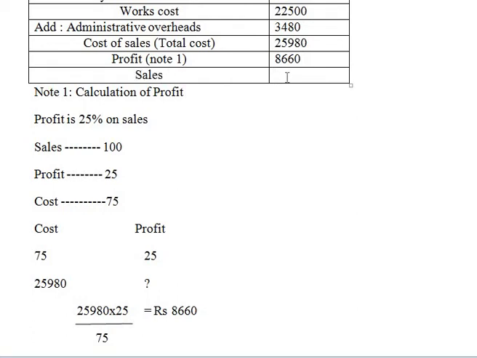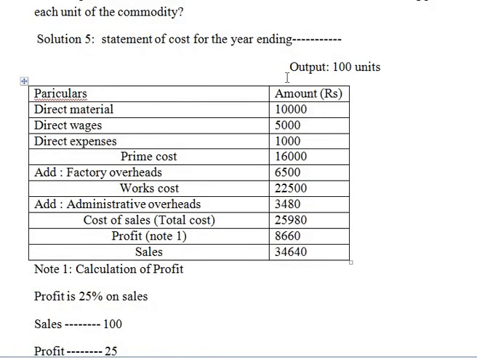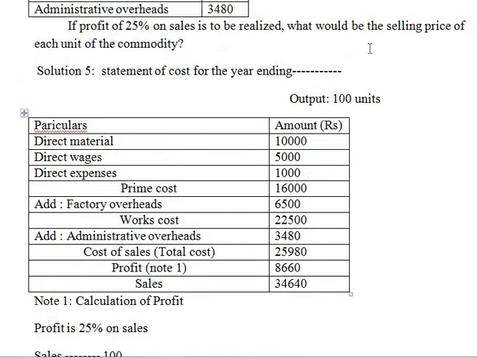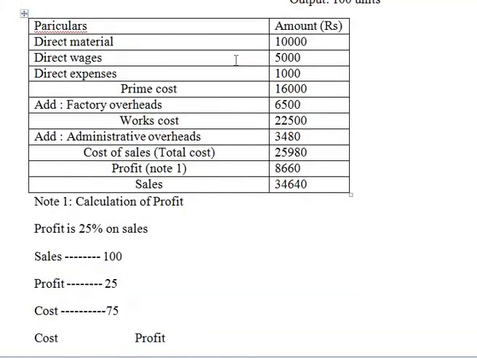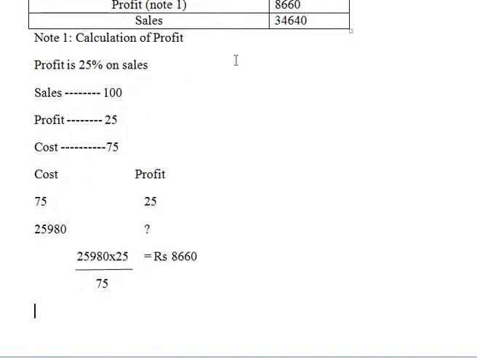Sales is total cost plus profit, that is 34,640. So this is sales. But what they have asked us is the selling price of each unit of the commodity. It means for each unit of the commodity we will have to find out.